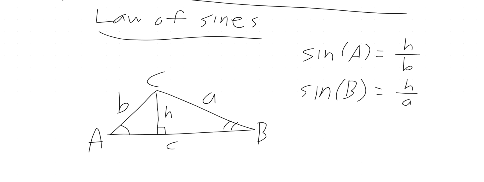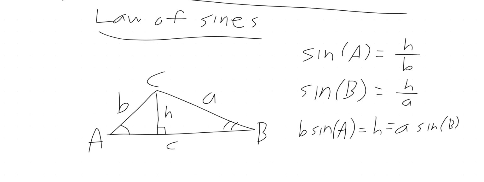Let's solve both these equations for h, because that's our common value. So let's multiply by b, multiply by a. So b sine A is the same as h, and a sine B also equals h.